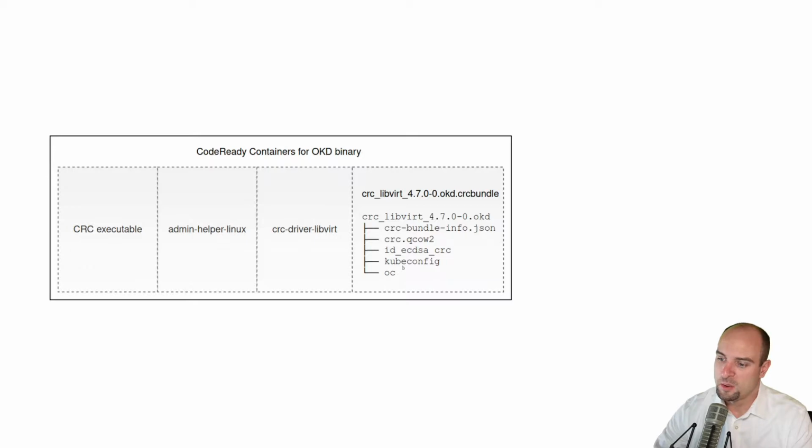Then we have a kubeconfig here, which was generated by the OpenShift installer and which allows authentication to the OpenShift APIs using the client certificate inside. And the last one here is the oc executable, which is the oc client that matches the version of the OpenShift cluster bundled in the CodeReady Containers binary.